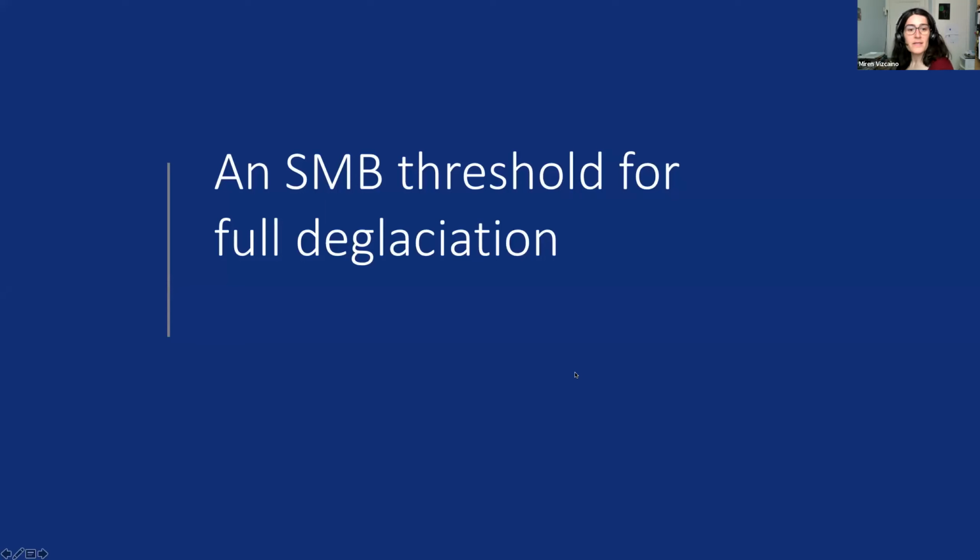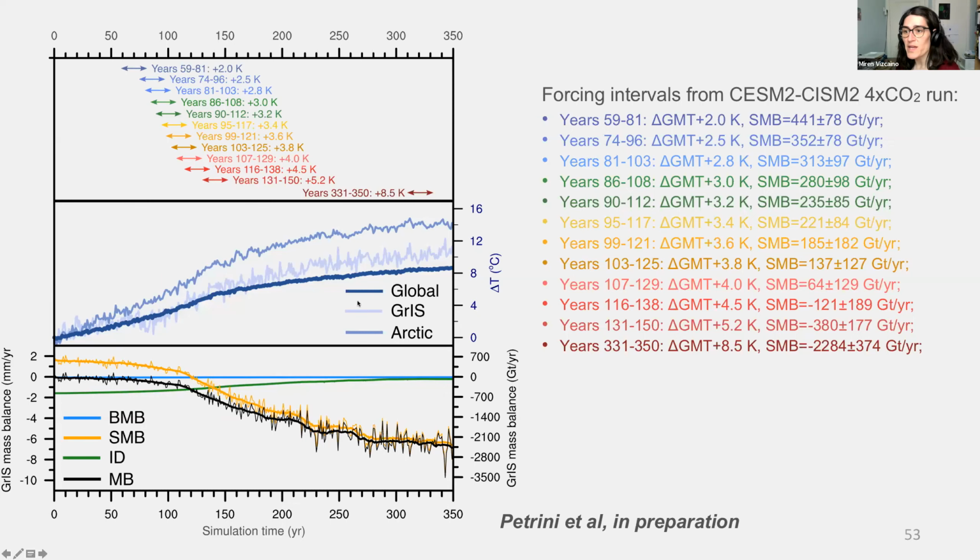And I'm going to move to another study. It is not published. We are preparing a paper, and what we did here is we have the capability of running the ice sheet model by itself with an SMB that includes a dependency with elevation that is coming from the elevation classes calculation.